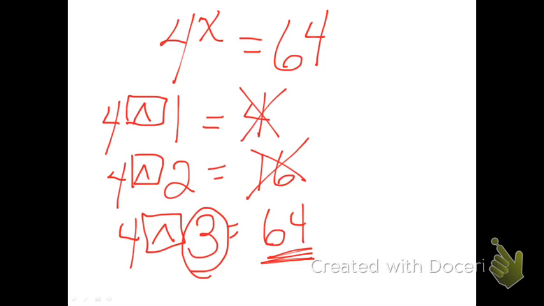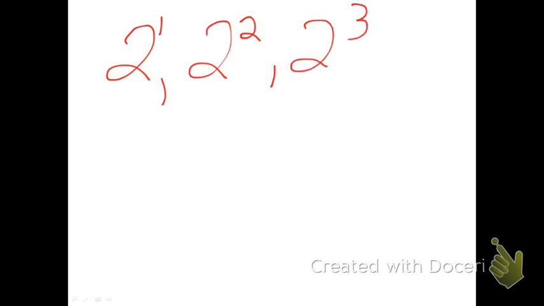That's a long way to do it, and it does take a lot of time. Remember that when you're taking this test, you don't have that kind of time. So I will tell you that when we're doing the rate laws, more than likely you're not going to go past the power of 3. You may have 2 to the first power, 2 to the second, 2 to the third. We may even give you up to 3 to the third, or as far as 4 to the third.